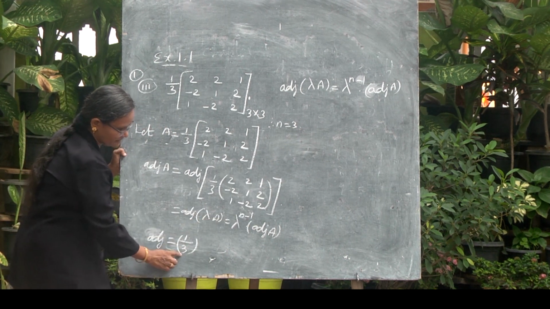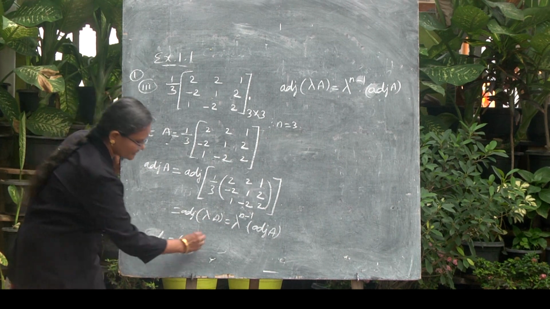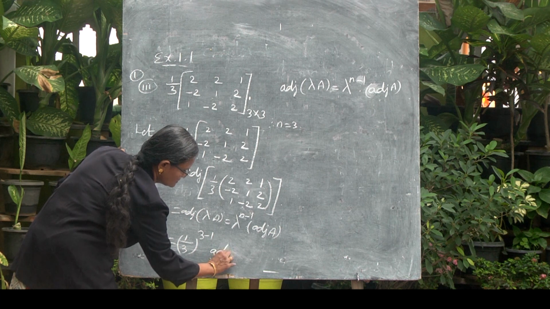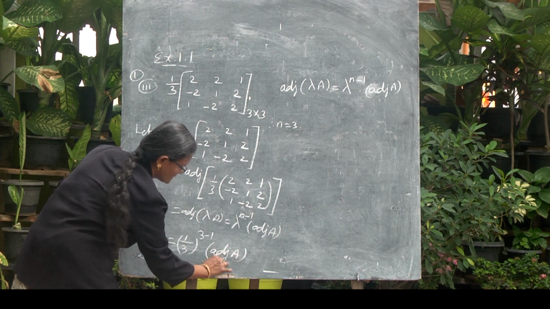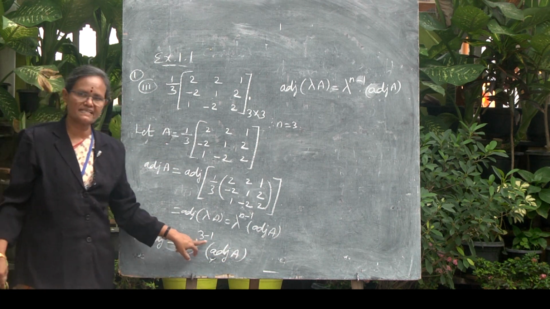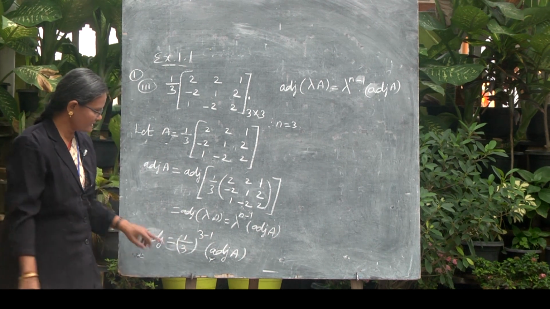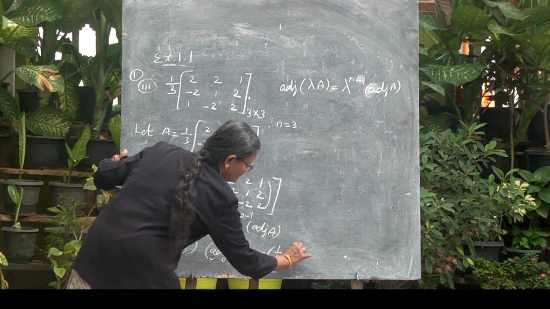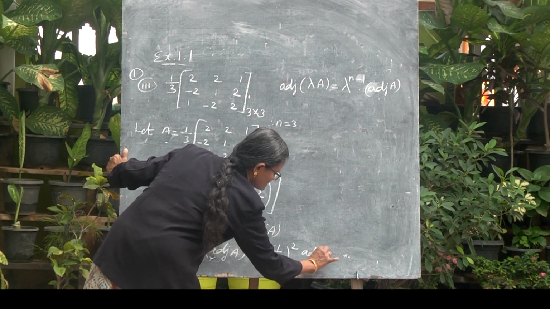Lambda is 1 by 3, the value of n is 3, so 3 minus 1 is 2. That is 1 by 3 to the power 2 into adj of A.